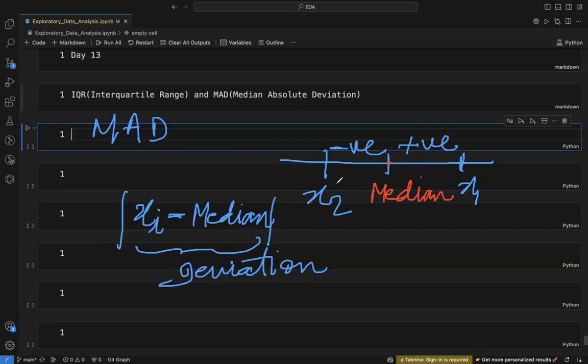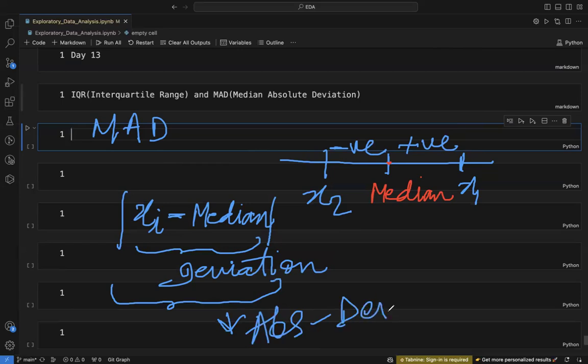To avoid that problem of negative values, I am going to take the absolute value. So this part is my deviation, and when I apply the absolute value function, I get the absolute deviation.